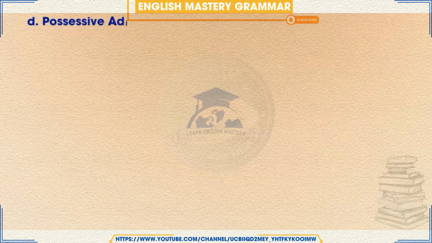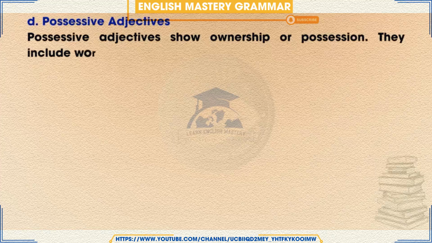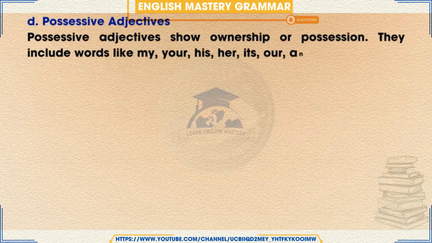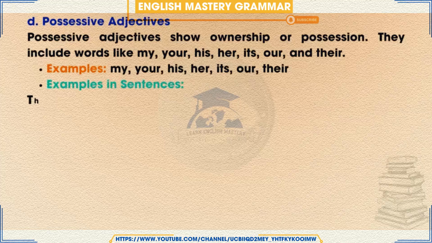D. Possessive adjectives. Possessive adjectives show ownership or possession. They include words like my, your, his, her, its, our, and their. Examples: my, your, his, her, its, our, their.